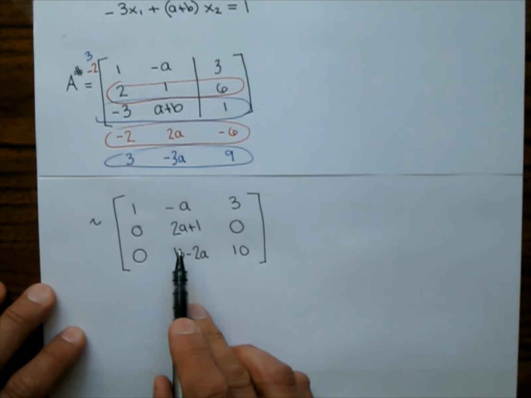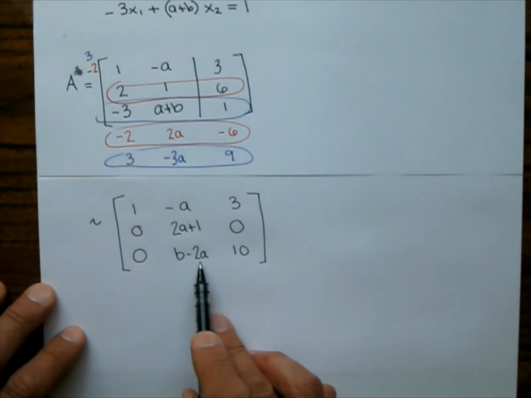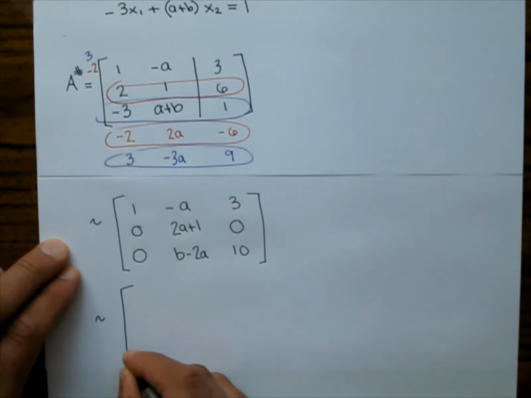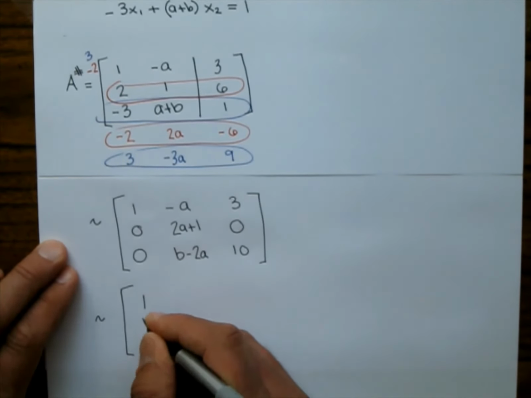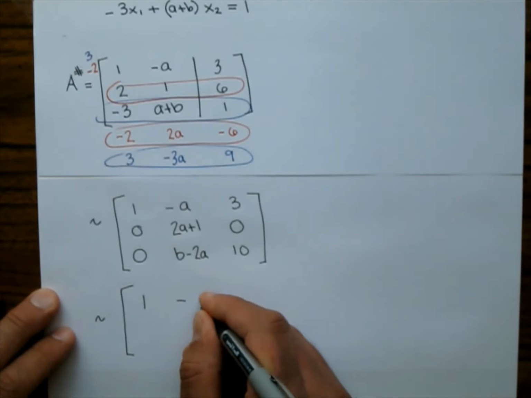Now, I noticed that if I were to add row 2 and row 3, I would end up getting rid of the a's. And that's what I'm going to do. So watch this. I'm going to write out row 1 and keep it the way it is.